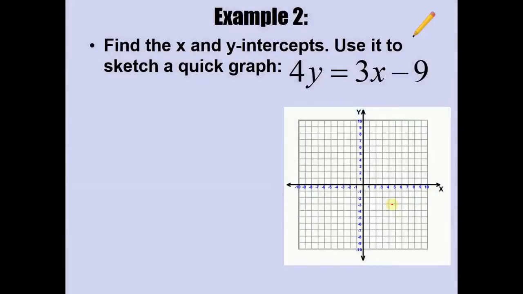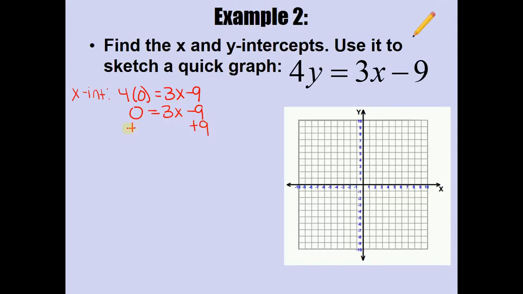Let's try another example. I have the equation 4y equals 3x minus 9. Now, this one's a little more funky, but it's okay. Let's find our x-intercept first. So I'm going to plug in a 0 for y. So I'm going to get 0 equals 3x minus 9, right?